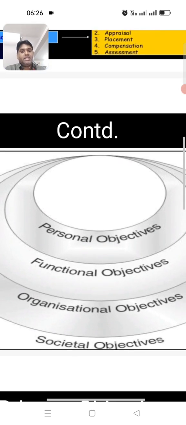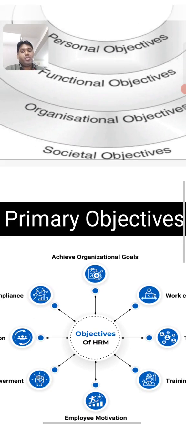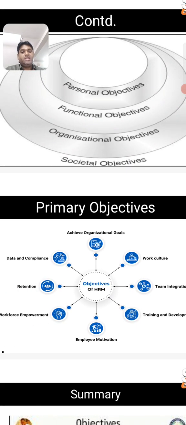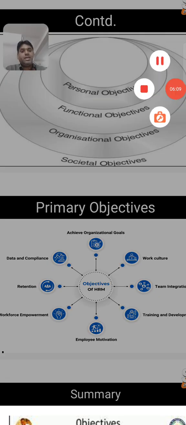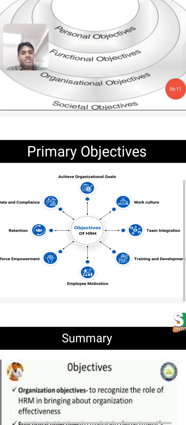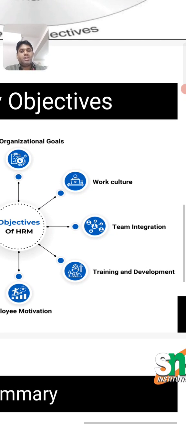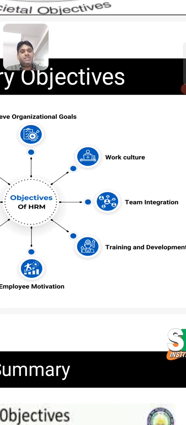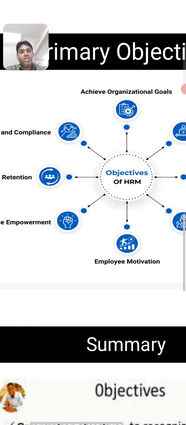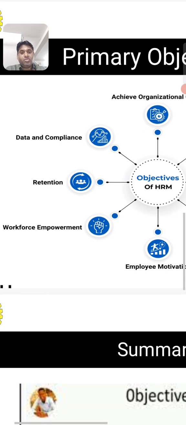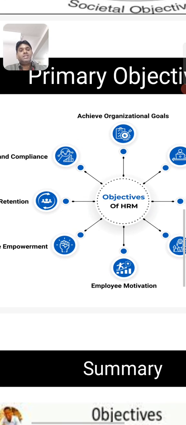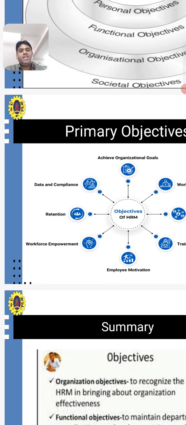So let us go to the next slide. That is the primary objective, which is shown in one slide. It gives the entire explanation about the objectives of human resource. Here the objective says: work culture, team integration, training and development, employee motivation, then workforce empowerment, retention, data and compliances, and achieving the organizational goal.